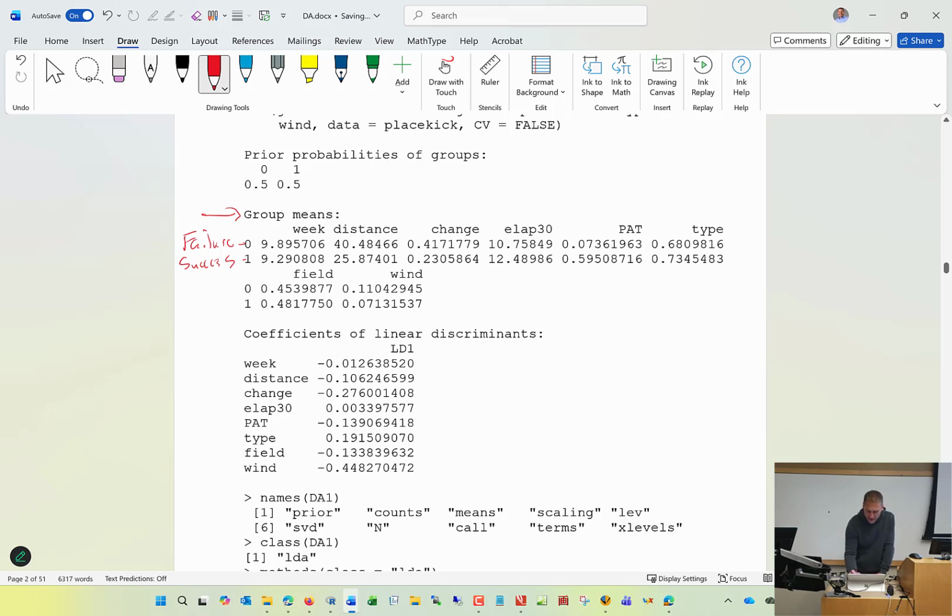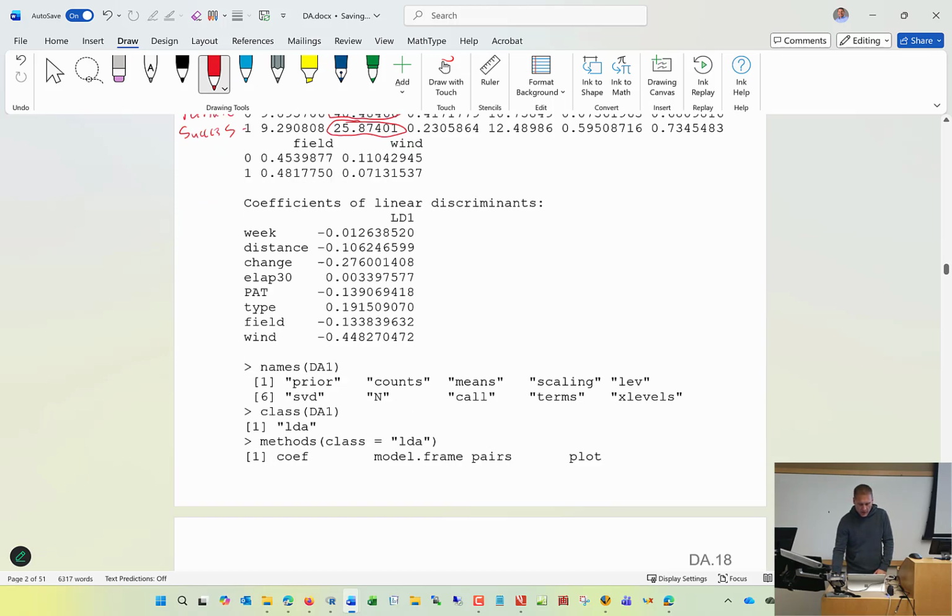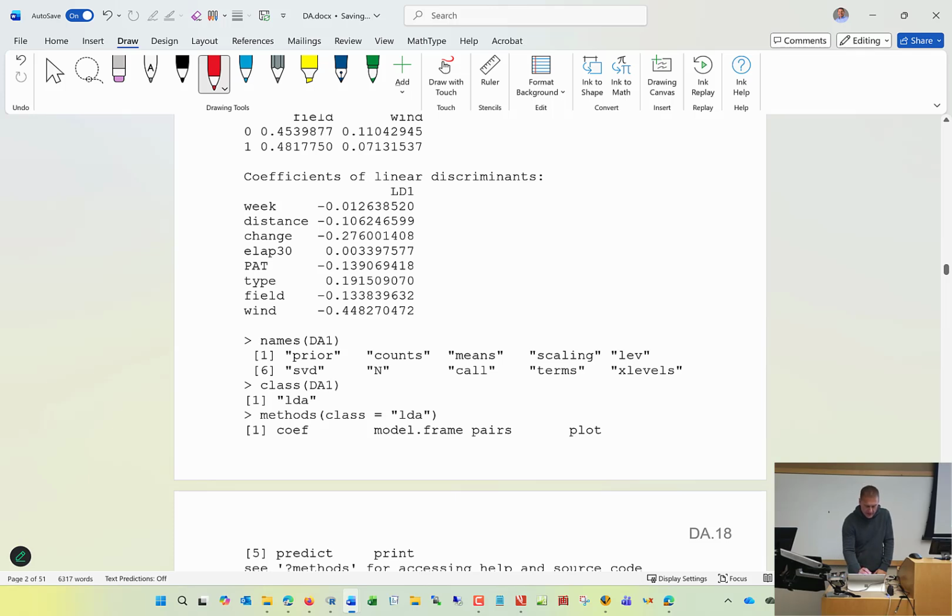All this says is that the average distance for successful place kicks is 25 yards. The average distance for failed place kicks is 40 yards. That's all that that's saying. There's some other information displayed here as well that is not going to be of interest to us. This corresponds to that second discriminant rule.